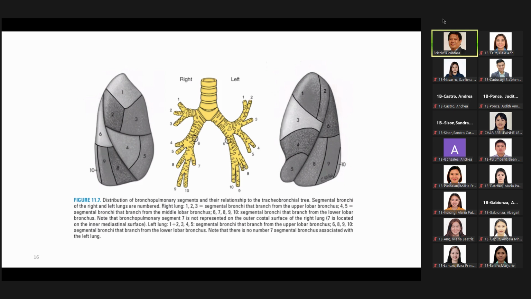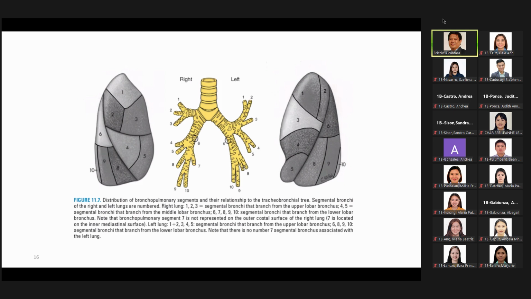In week 5 of development, this will now enlarge to form the main or your primary bronchi. The right main bronchus is larger and more vertical than the left main bronchus. Now, this will persist throughout adult life, and because of this structure, there is a greater likelihood of foreign bodies to lodge on the right side than on the left side.